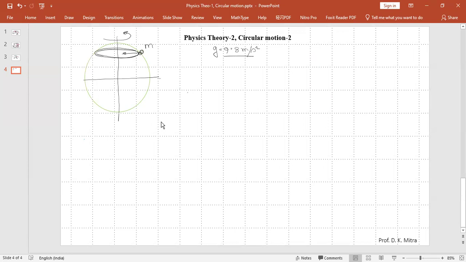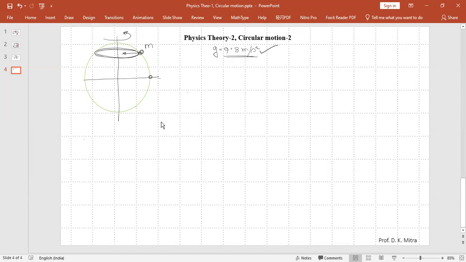Actually, this value is if the earth is not rotating. Since the earth is always rotating, there are extra forces on you which will alter the value of g. But this alteration is so small that for all practical purposes, we consider g is equal to 9.8 meter per second square. Now, let us see what is the actual value of g.